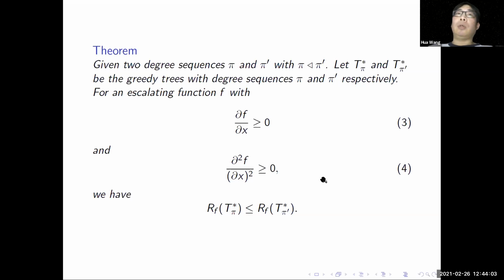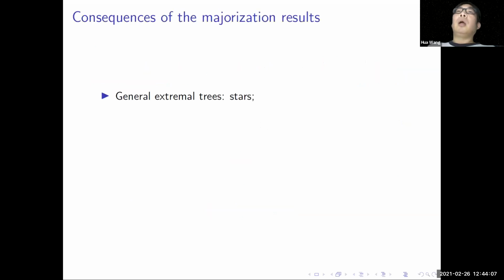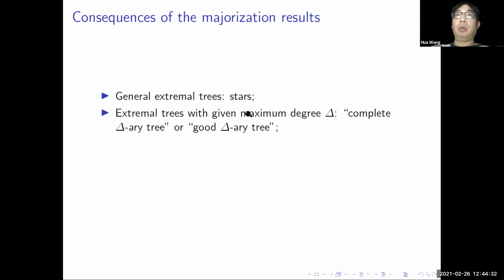And this once again was interesting because it has applications. When you compare all trees with all general trees, then the one degree sequence that says n minus 1, 1, 1, 1, 1, 1, 1, and so on and so forth, obviously majorizes all other degree sequences. And therefore it shows that the star is the extremal tree.